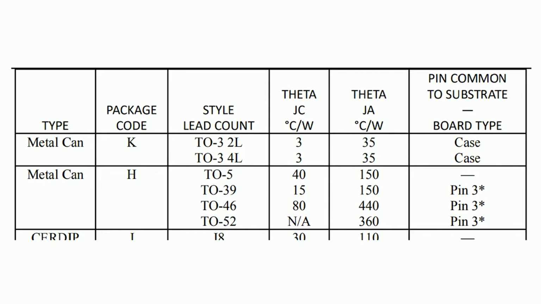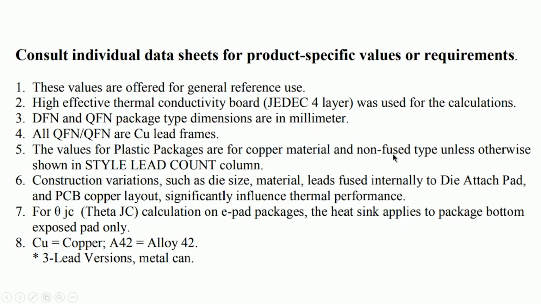But in reality what we do is we follow the nearest available values of this directly, degree centigrade per watt for the case, as well as if mounted on a standard heat sink.